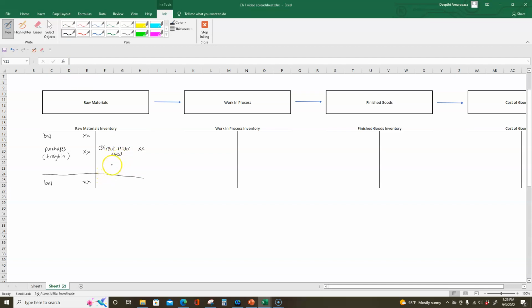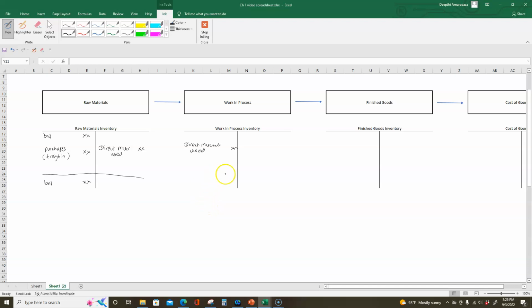These direct materials used get transferred to work in process inventory. So direct materials used decreases raw material inventory and increases work in process inventory.